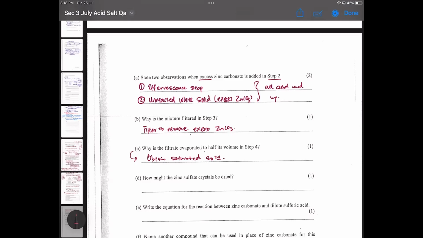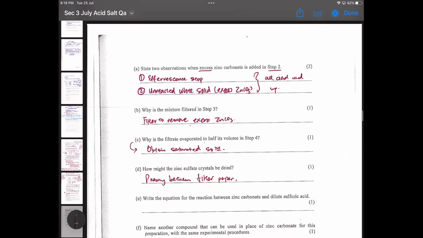We always dry this by pressing between filter paper. Okay, this is the easy one. Let's get it out of the way. Okay, that's all for part E.